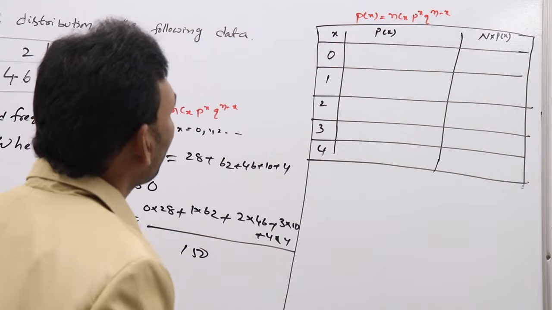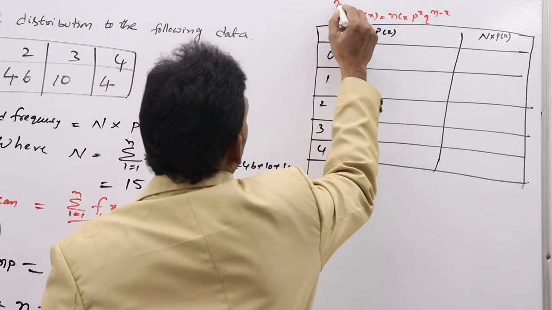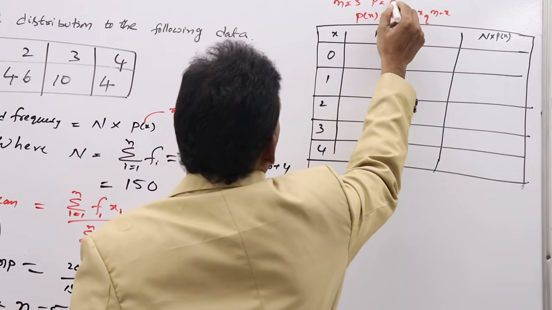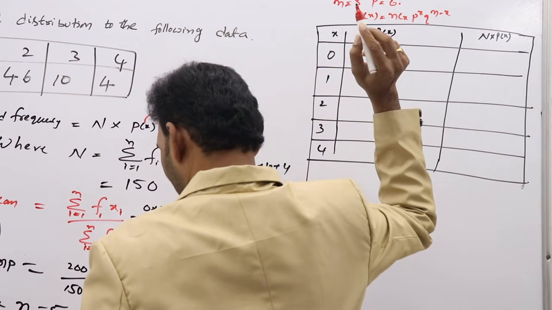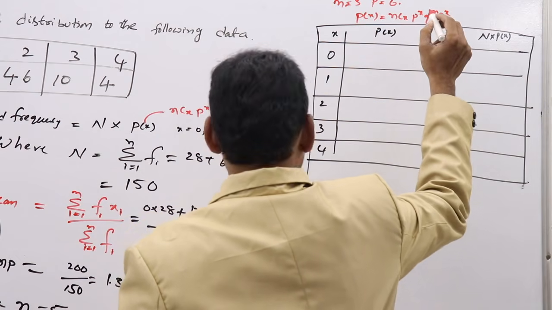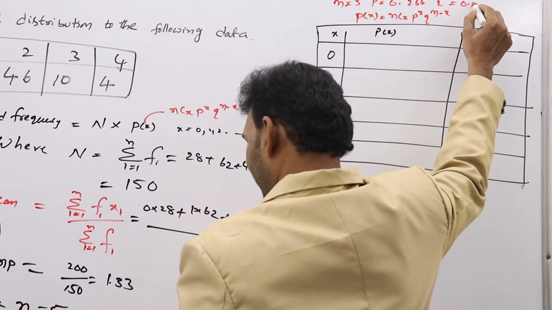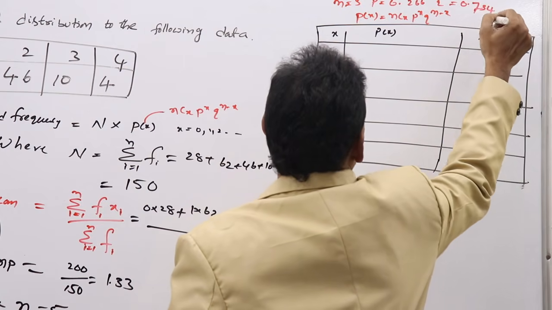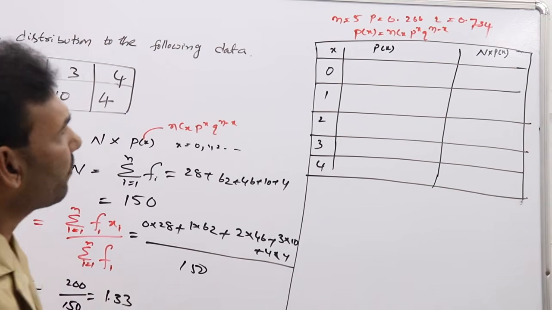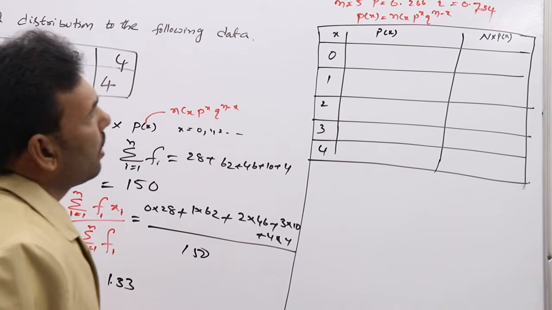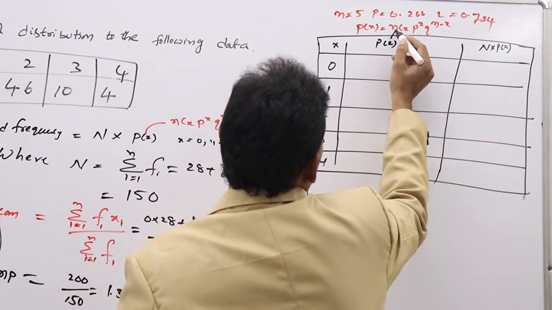So here we know n value is 5, p is 0.266, q is 0.734. So those values we are using. P of x means nCx.